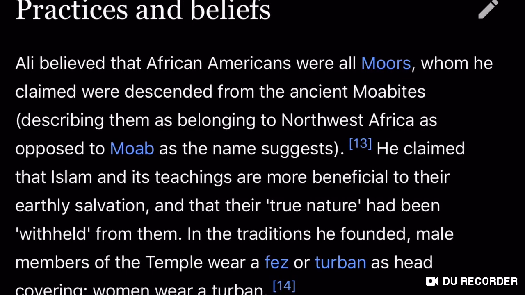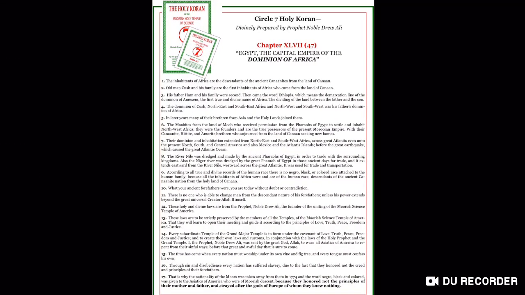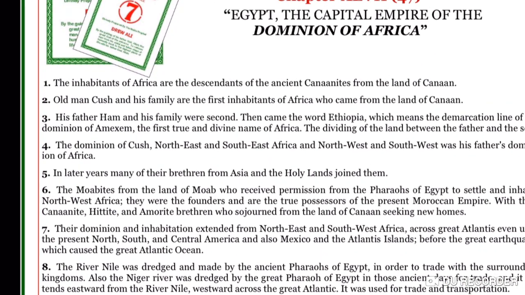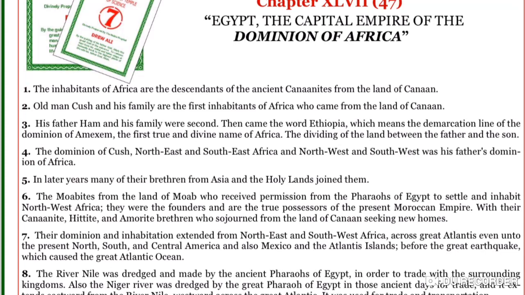And I think through all his writings, he's been dealing with this map. The inhabitants of Africa, which is the entire part of the world, which is most of the world at that, are the descendants of the ancient Canaanites from the land of Canaan.